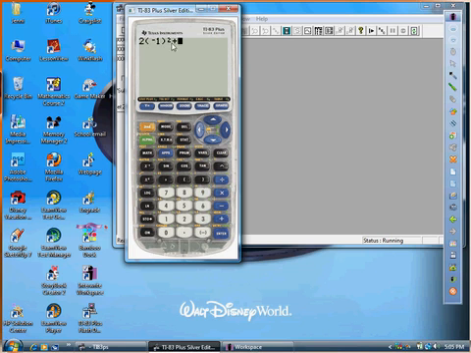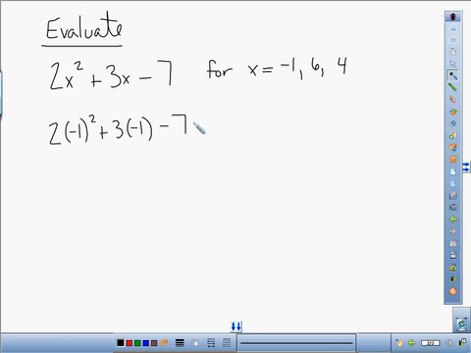You want to always get in this habit when we're evaluating of anything that you are substituting in for a variable, put it in parentheses. 3, and then I've got to plug in -1 instead of x, and then minus 7. And hit enter, and I get -8. So I know that that is equal to -8. Alright? Do the same thing for 6 and for 4.